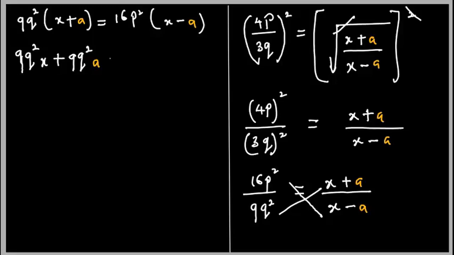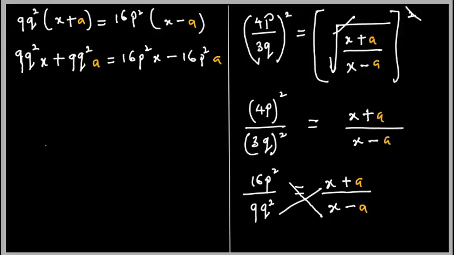Equals 16p squared times x, which is 16p squared x, then minus 16p squared times a, which is 16p squared a. Good. So having expanded the brackets, let's now take like terms in a.